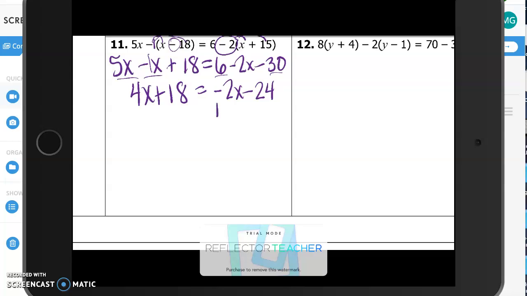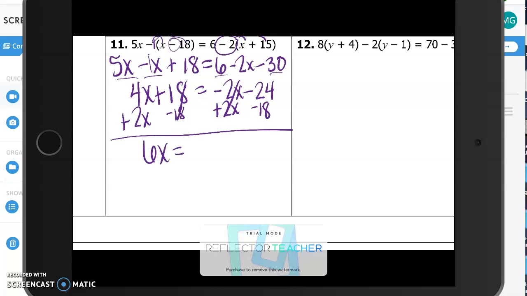So now I would add 2x to get it to the other side. At the same time, I would subtract 18 to move that to the right-hand side. So I would get 6x equals -42. Divide by 6, and x equals -7.